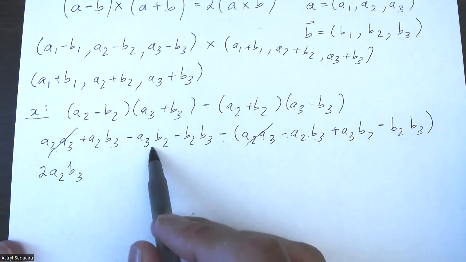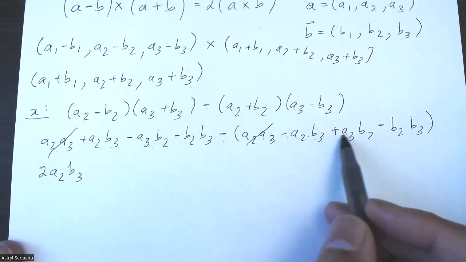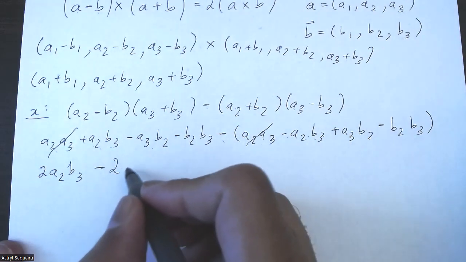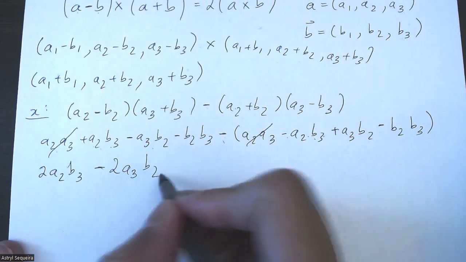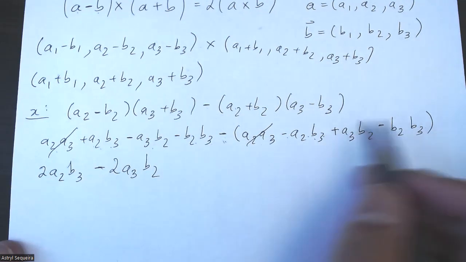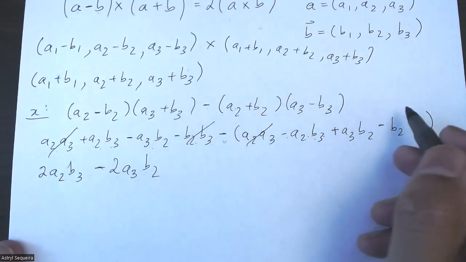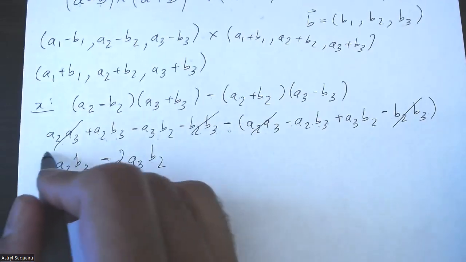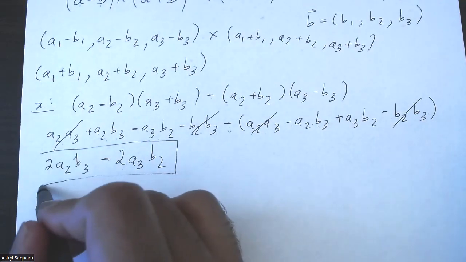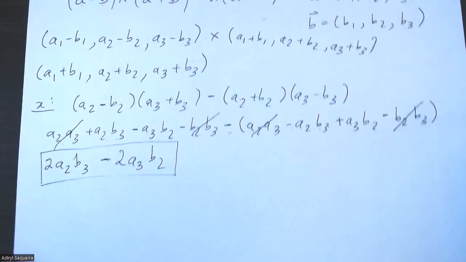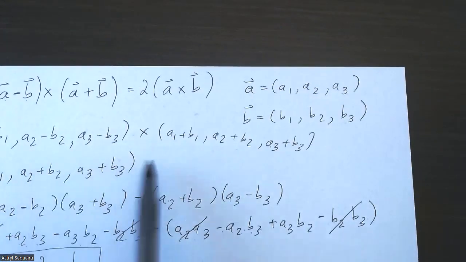Negative A3B2 minus A3B2 is negative 2A3B2. Then negative B2B3 minus negative B2B3 becomes a plus, so these two will cancel. So this is my X component here of the cross multiplication. Now I simply have to do the same thing for my Y and my Z component.